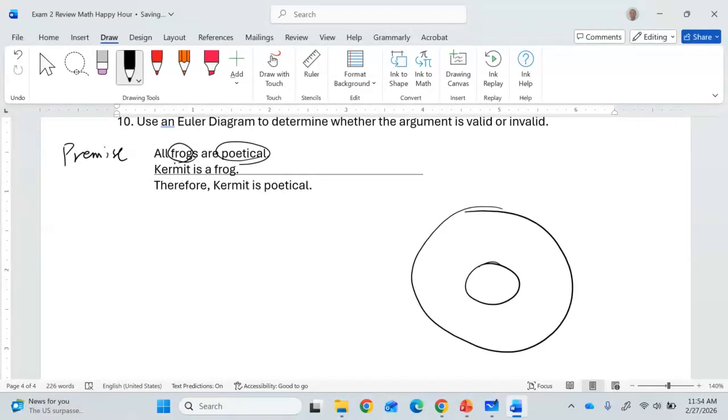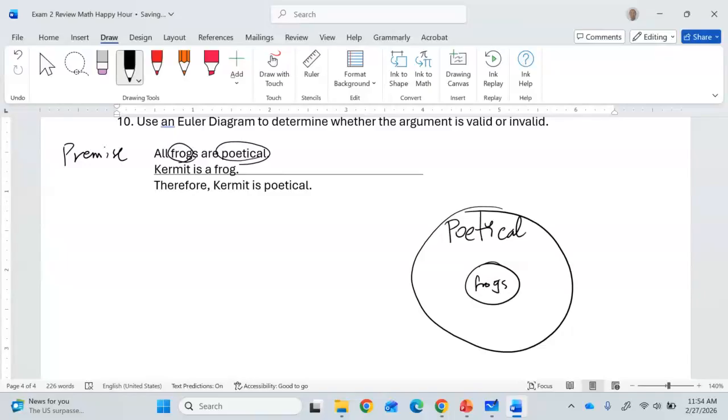By saying all frogs are poetical, that means that the population of frogs is inside the population of poets, or poetical. So premise number one, all frogs are poetical, is represented by drawing the circle of frogs inside of the circle of poetical.